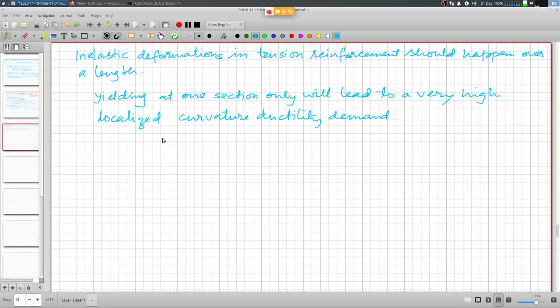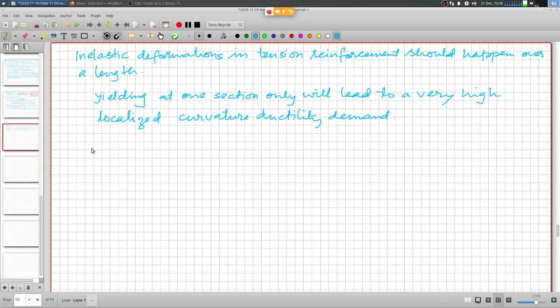So, the flexural cracks that you see during the inelastic deformation because of the yielding of tension reinforcement, obviously that will lead to cracking in the concrete. Slip should not happen. We should try to avoid any bond failure, so the concrete may crack.